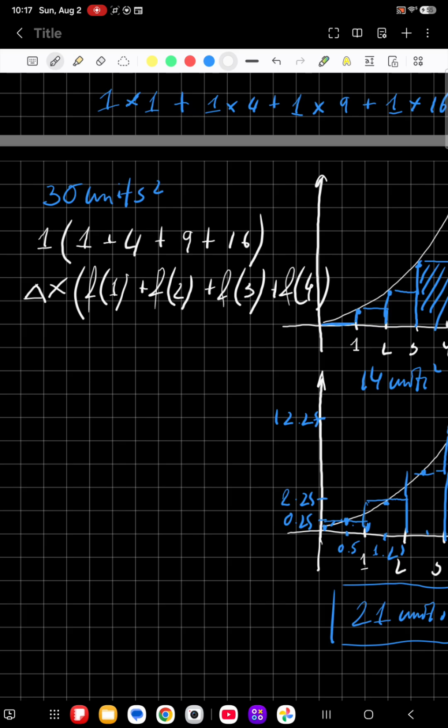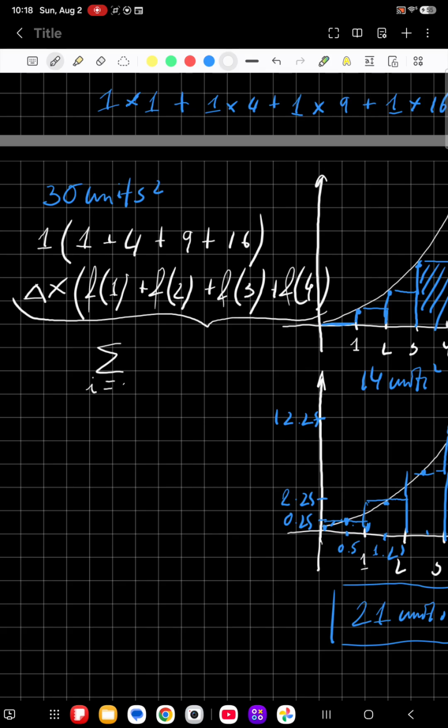Okay, so eventually, finally, after all of this, this is a sum. I hope you're familiar with this symbol, and I will explain what this means and how it works in a moment. But I'm going to express this sum using this symbol, the summation.